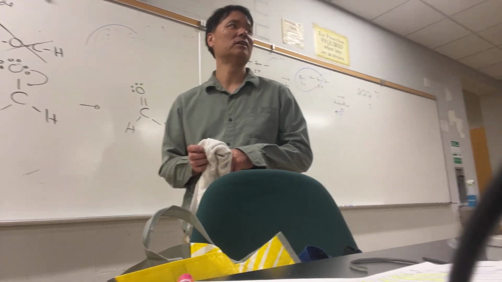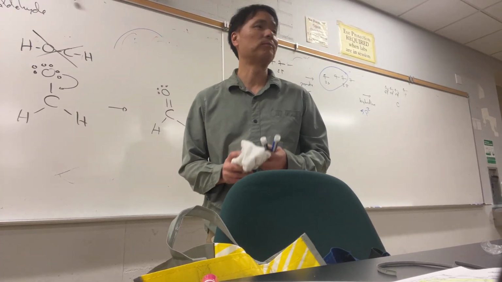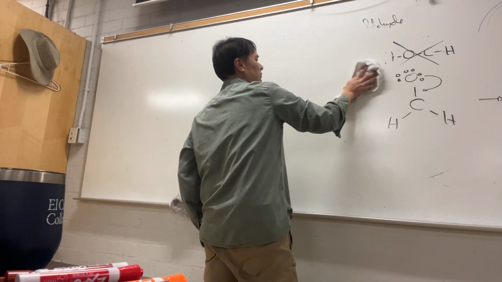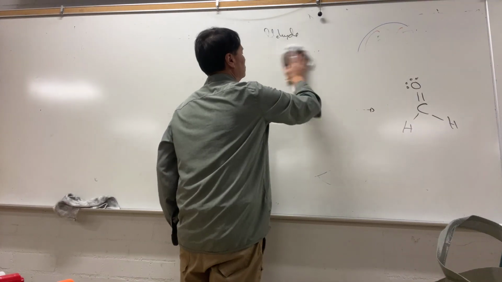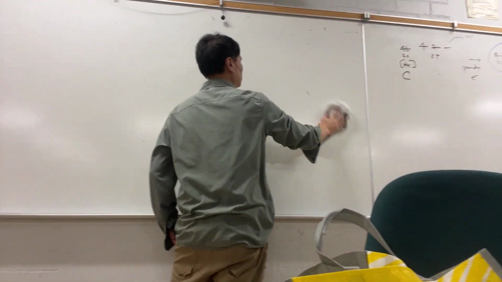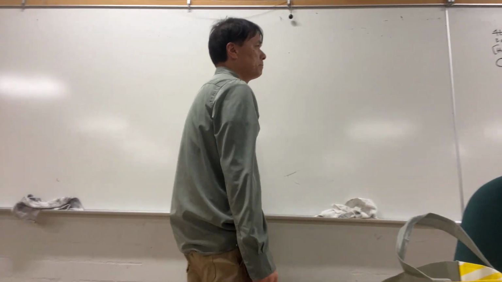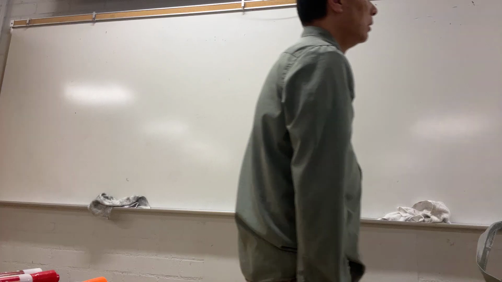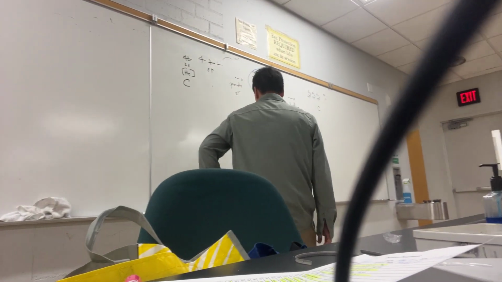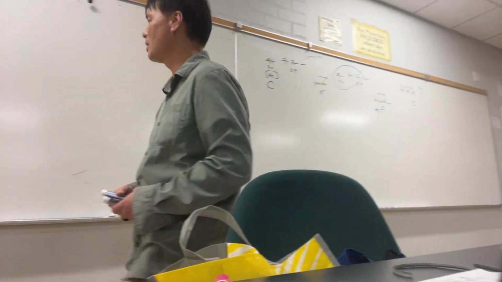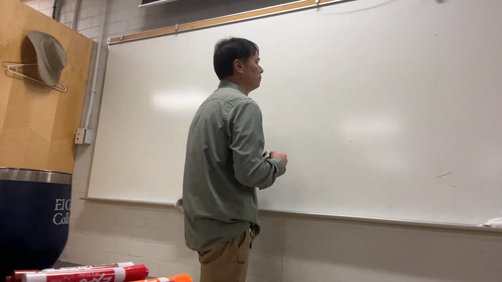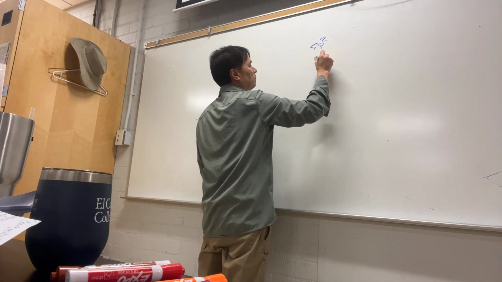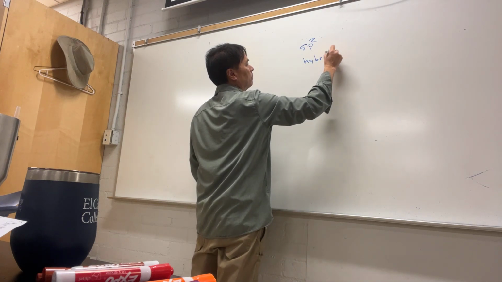So what I'm going to do is draw out the orbitals. When I have sp2 hybridization, this is what it's going to look like. I'm going to take an s and hybridize it with 2 p orbitals. 1 p orbital I'll draw like this, and another p orbital I'll draw like this.